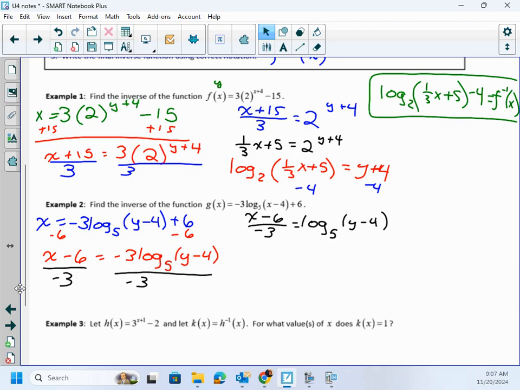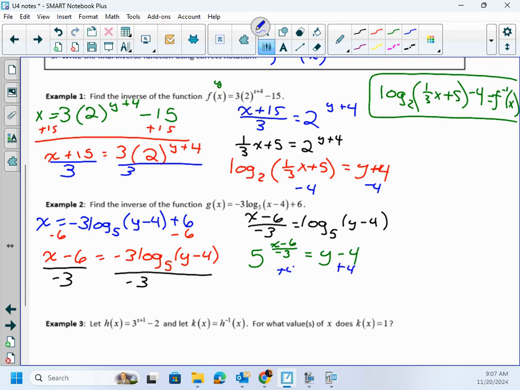But now the log is by itself, so I'm going to take it out of log form, put it in exponential form. Equals 5 to the x minus 6 over negative 3 equals y minus 4. Add 4 to both sides.